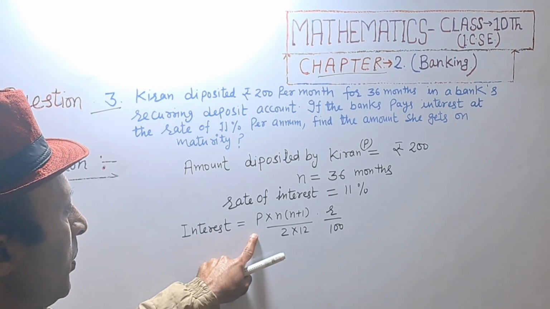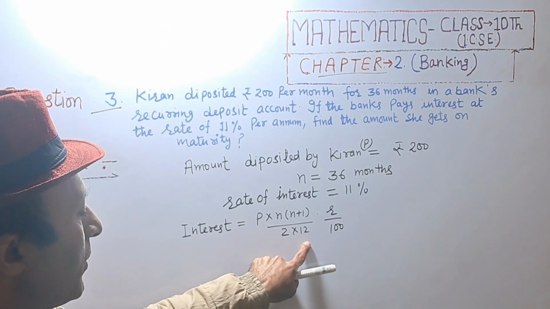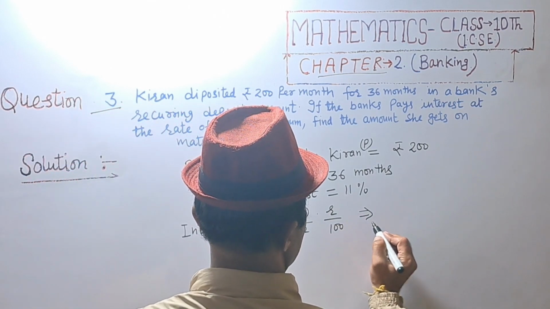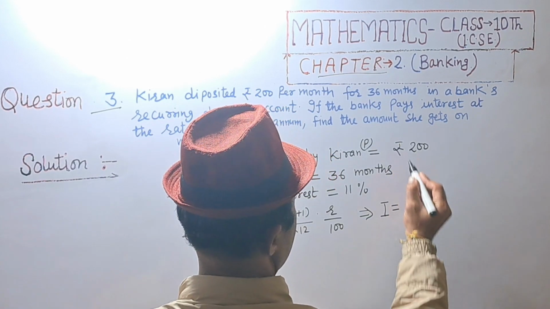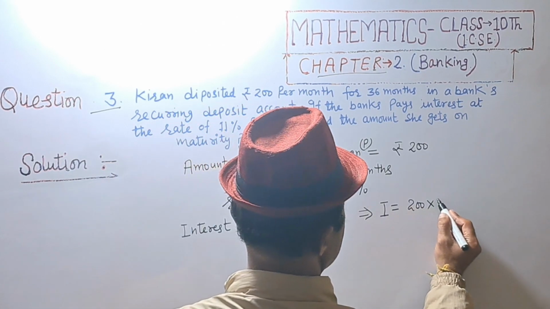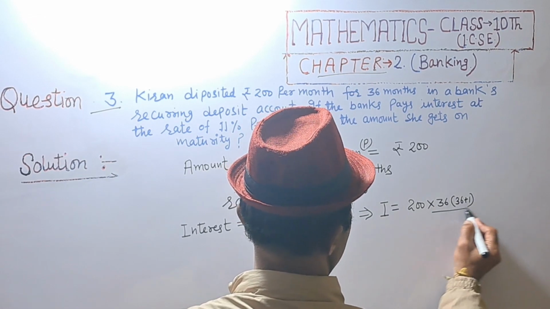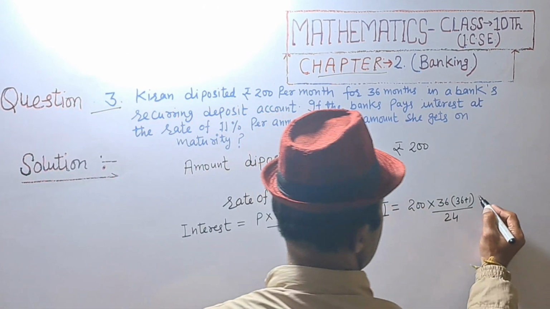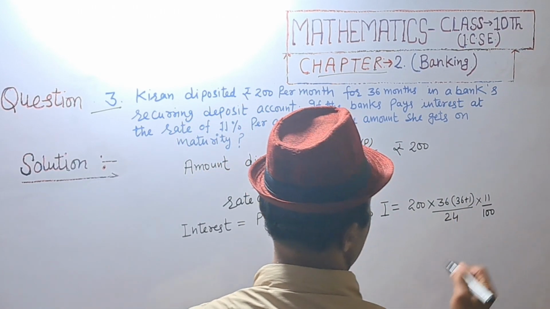Interest formula is equal to P into N plus 1 divided by 2 into 12 into R upon 100, which implies interest is denoted by I and P we have 200 into N 36 into 36 plus 1 divided by 24 into rate of interest is equal to 11 upon 100.